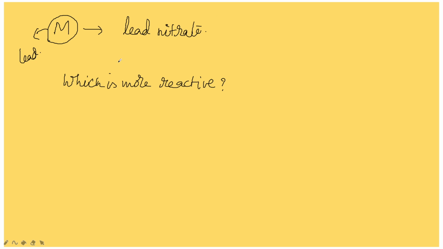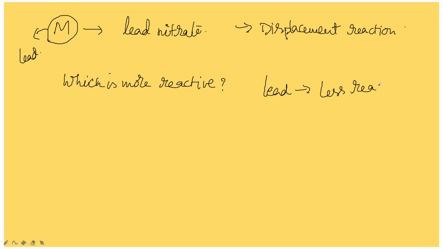Which type of reaction is it? It is a displacement reaction. In this reaction, a less reactive metal gets displaced by the more reactive metal. As lead is displaced from its ionic solution, lead is less reactive, right?